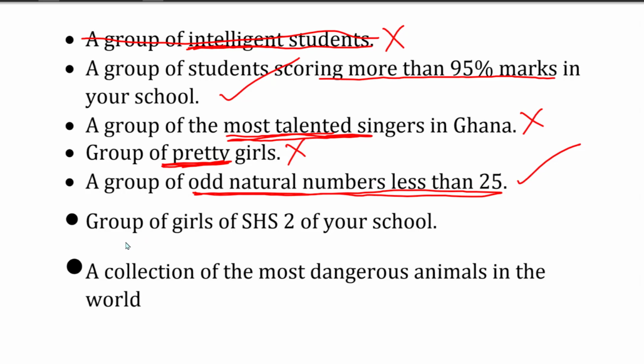Then what about the next one? A group of girls of SHS 2 in your school. This one too is a set. Yes, because in my school I can find girls that are in SHS 2. So this forms a set.